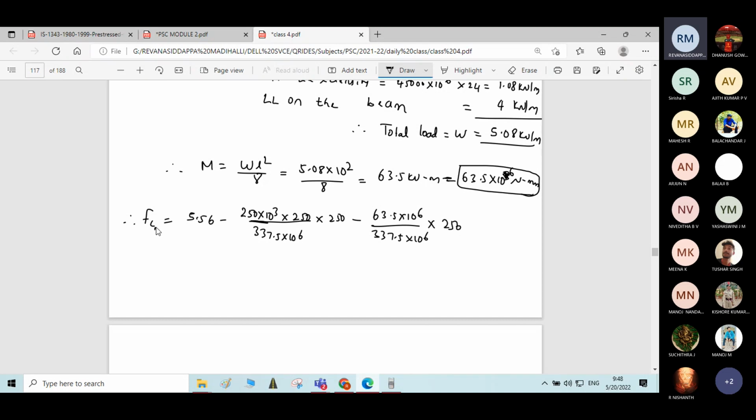By this you get the stress in concrete at the level of steel at midspan.